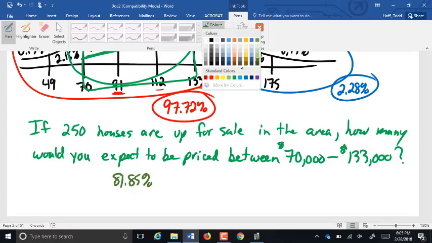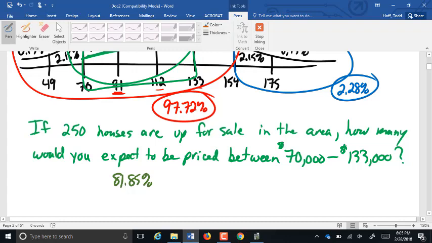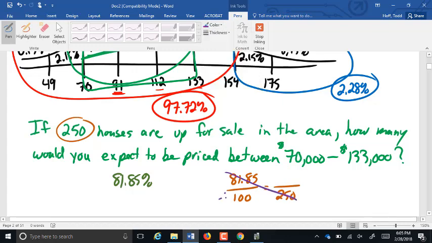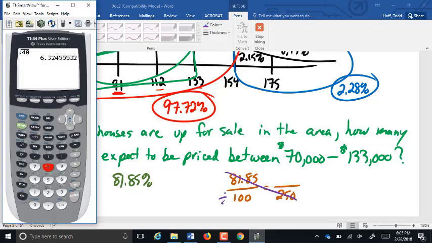So now we need to find that percent of the 250 houses up for sale. 81.85 over 100 equals blank over 250. We'll cross multiply and divide: 81.85 times 250 divided by 100.